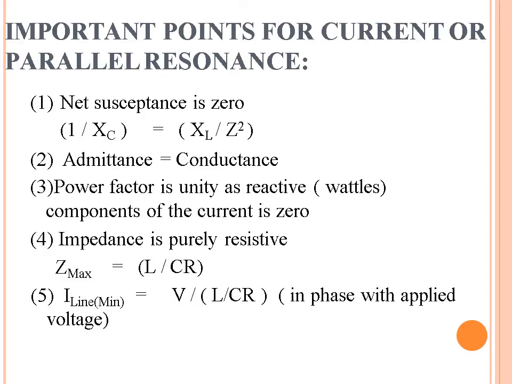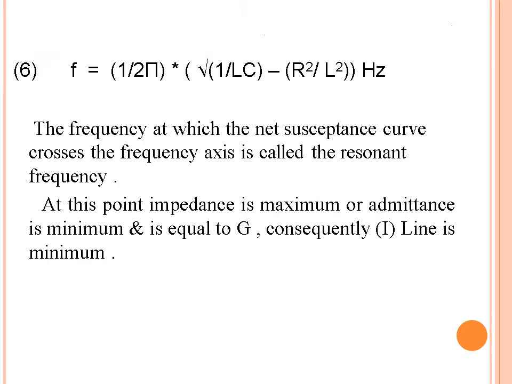The important points to be remembered for the current or parallel resonance circuit are: net susceptance value will be 0 and admittance will be equal to conductance. Power factor is unity, as the reactive component is wattless. Impedance is purely resistive, and the current will be in phase with the applied voltage.